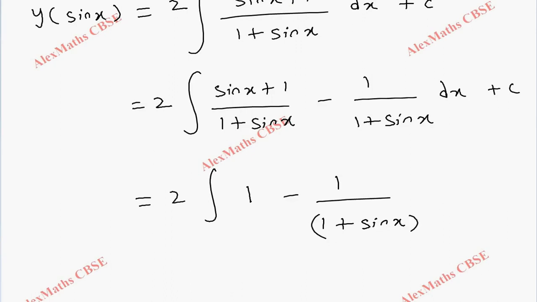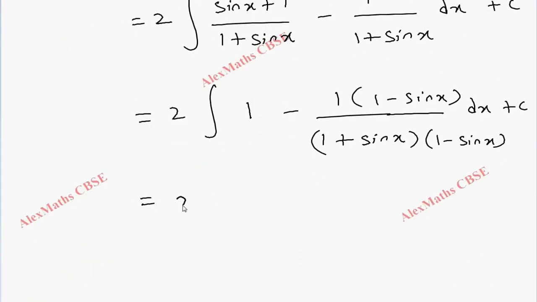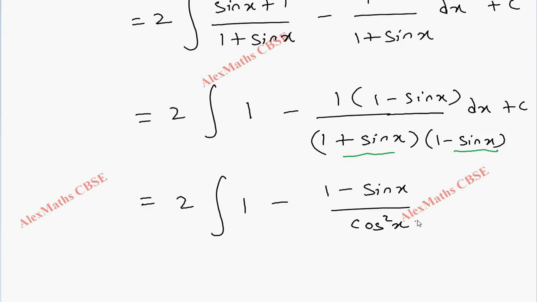We can multiply by its conjugate 1 minus sin x with both numerator and denominator and then we have dx plus c. So totally this is 2 integral 1 minus, we have 1 minus sin x in the numerator and denominator it is like a plus b into a minus b. So 1 minus sin square x which is cos square x and we have dx. This minus is common so we keep a separate bracket.